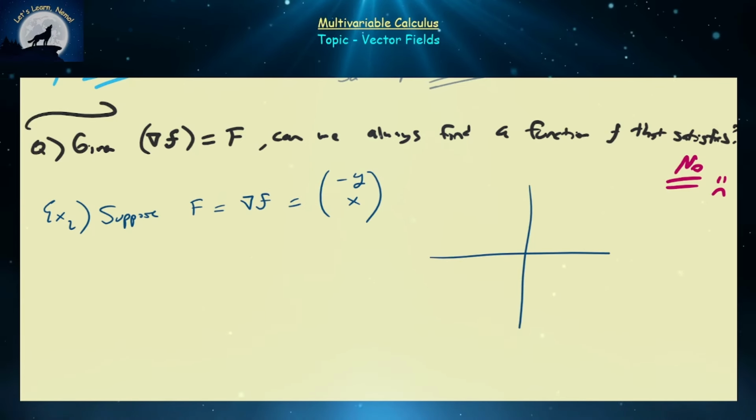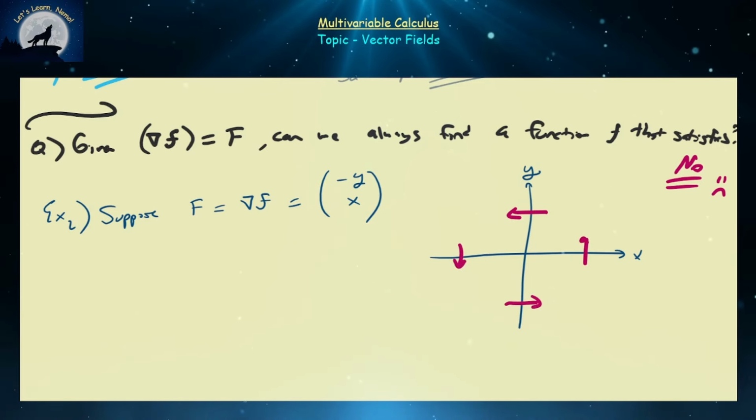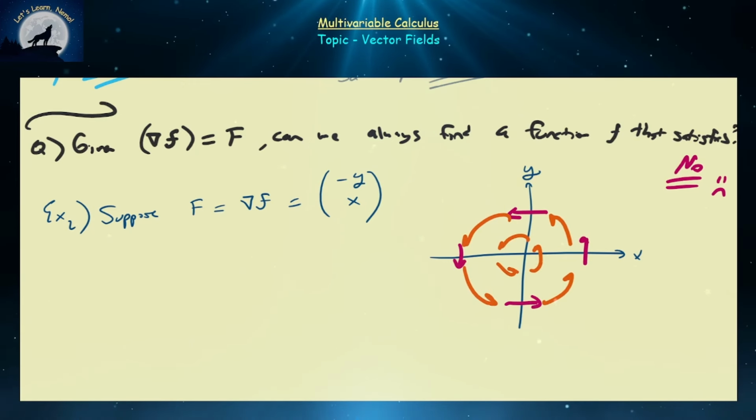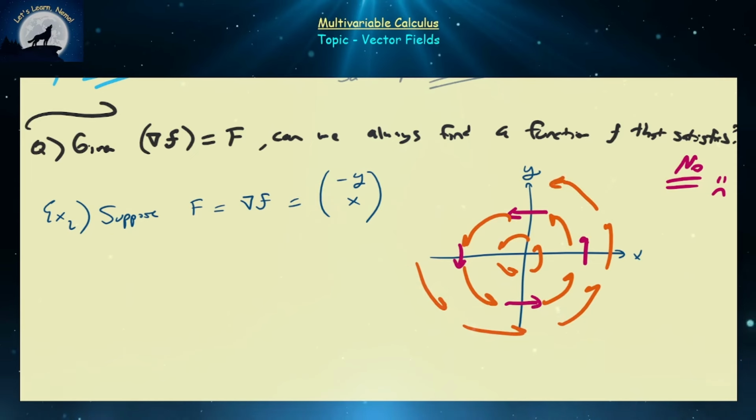And I leave to you to verify that the graph associated to this particular vector field is going to be pointing that direction there, that direction there, this direction there, this direction there. And once you extrapolate these and create vector flow lines, what you'll actually get is a bunch of concentric circles. Right? It's almost like water rotating or curling around the origin.